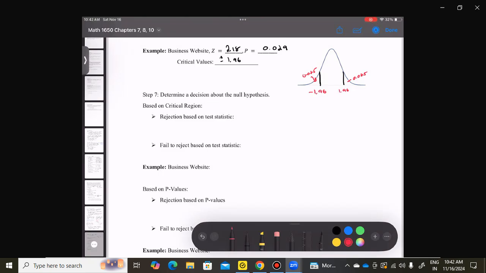That falls in blue right here, just higher than this. All right, so it's in what's called our rejection region. So if test statistic falls in rejection region, we reject the null.